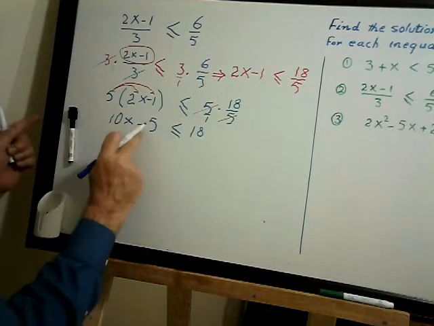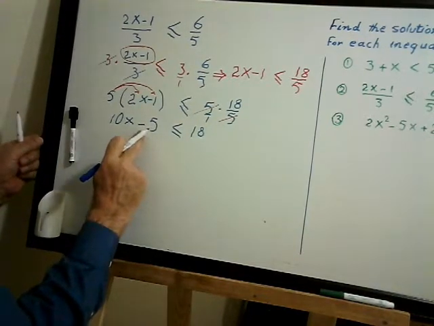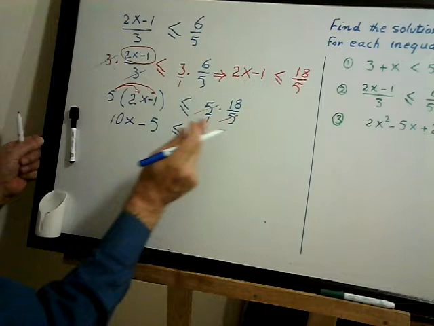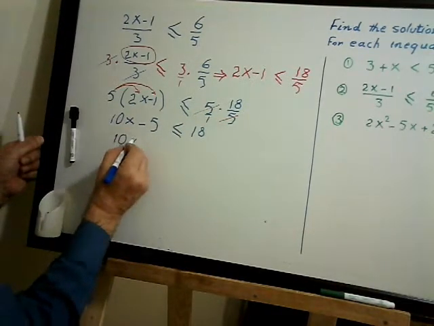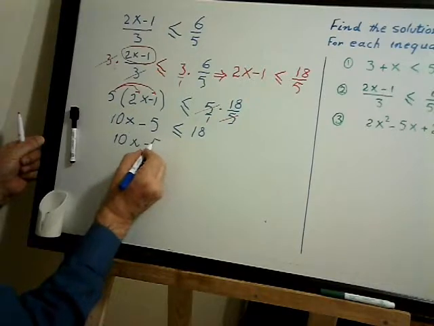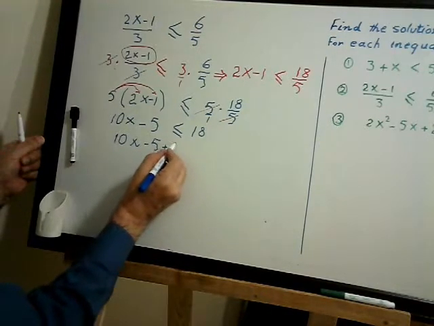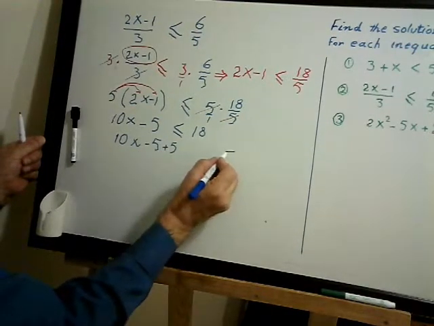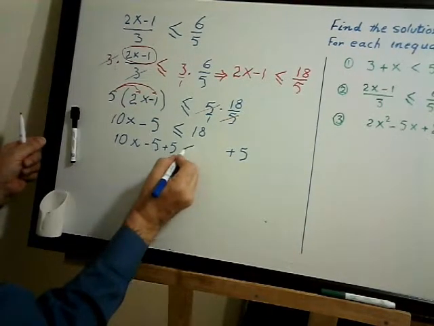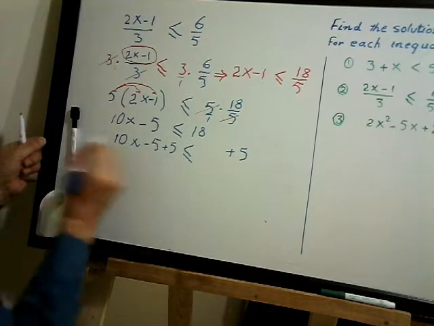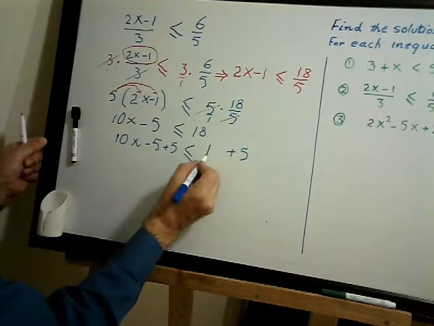Now we can transfer this minus 5 to the other side. It will stay 10x minus 5. We add plus 5 on this side and plus 5 on the other side. So the same sign still without a change.